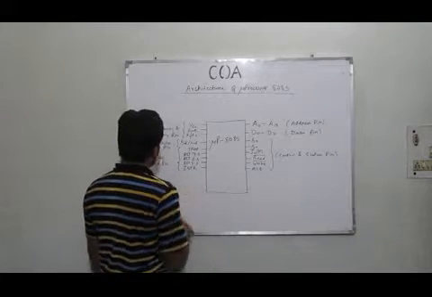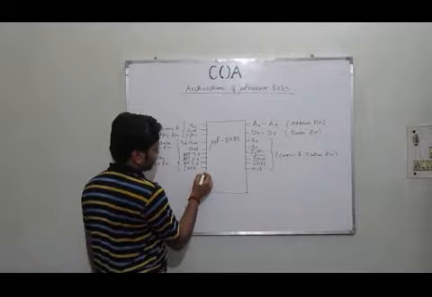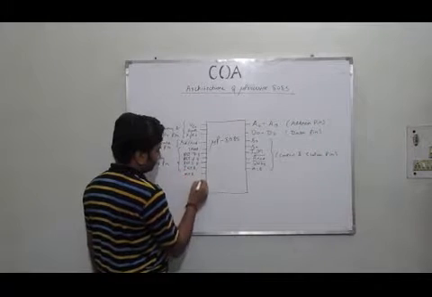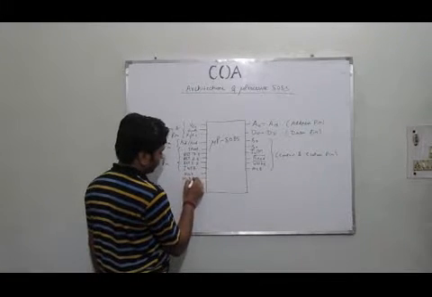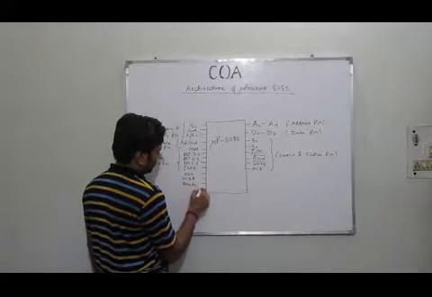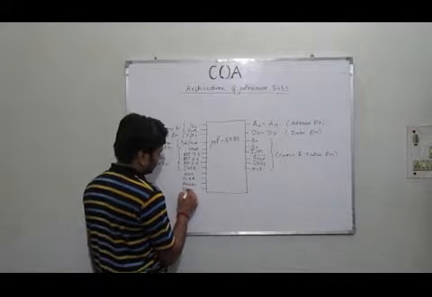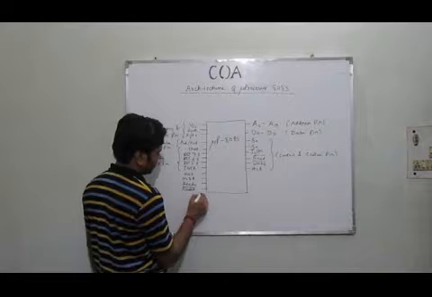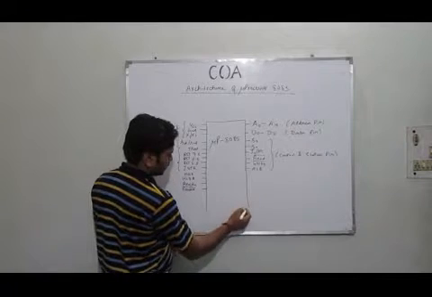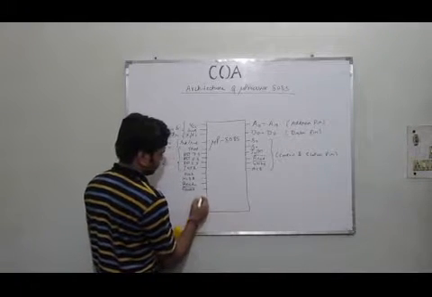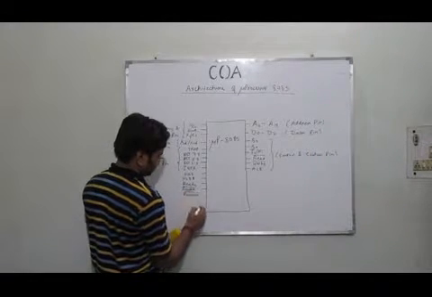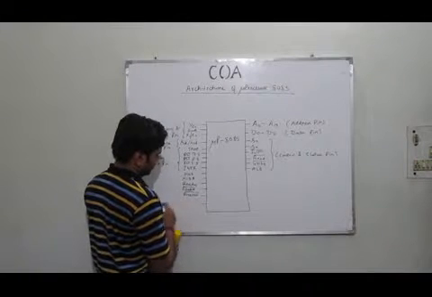We also have other kinds of externally initiated pins inside the microprocessor 8085. These are the hold pin, HLDA, then the ready pin, reset in, then reset out.